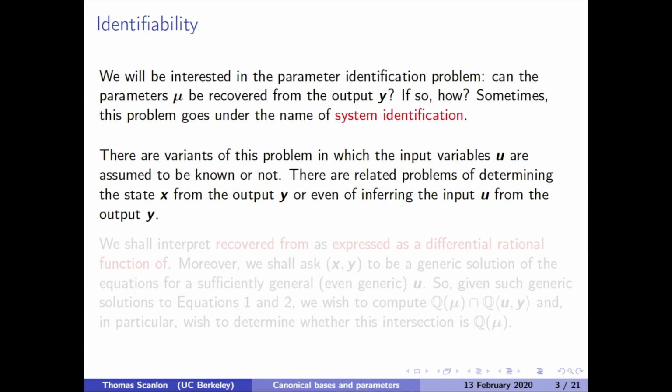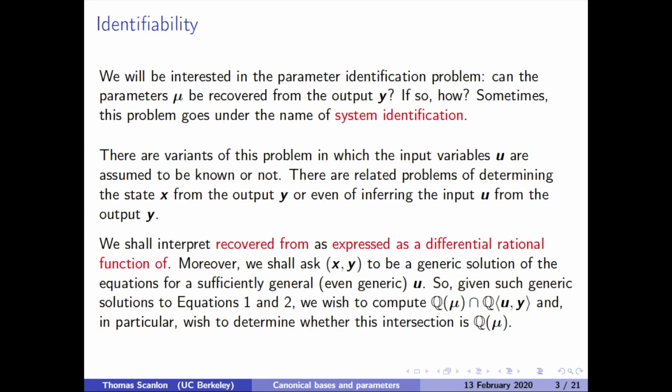Maybe you want to know what the input was, given that you know the system. Maybe you even know the parameters. Could you recover, well, various things you might ask whether you could recover. All of these kinds of questions can be addressed with the kinds of things I'm talking about today, although for what we're actually going to work out, we're just going to focus on recovering the parameter.